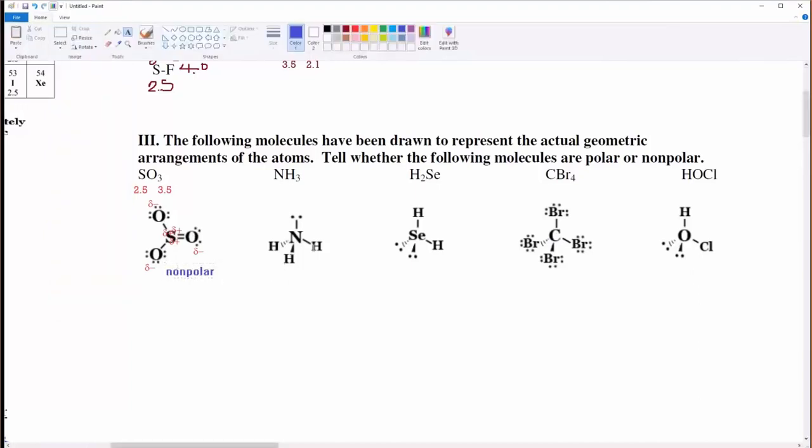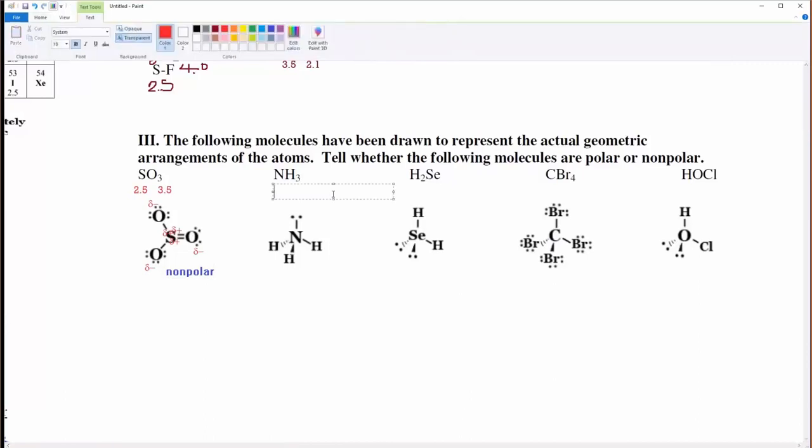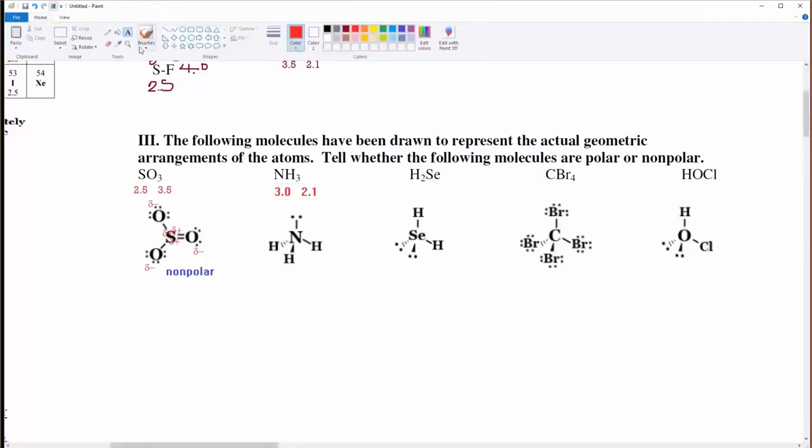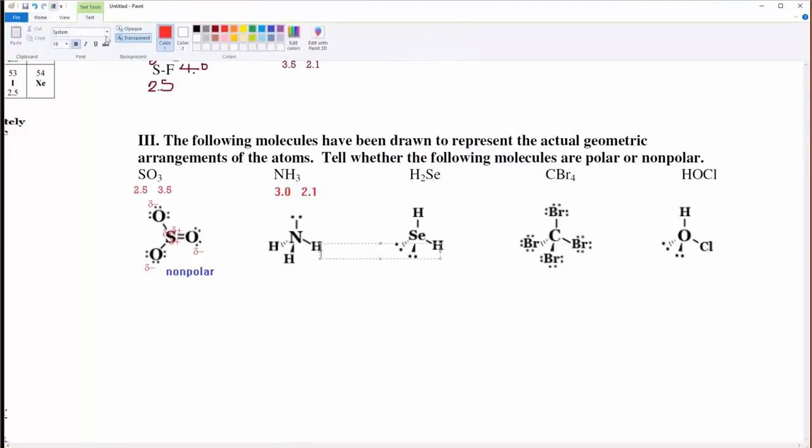Okay, nonpolar. All right, so the NH3 then, is the NH bond polar? Yes, nitrogen has an electronegativity value of 3.0, hydrogen is 2.1, the difference is 0.9, good. So it's definitely polar. And so which of these gets the partial plus and which gets the partial minus?